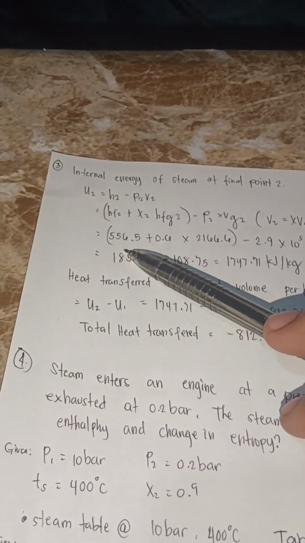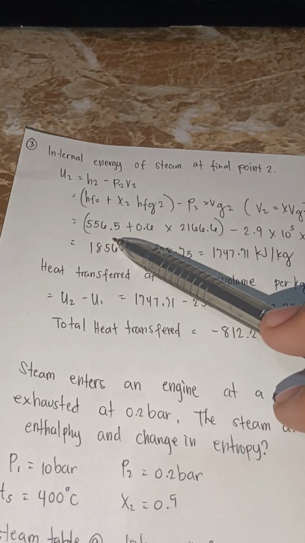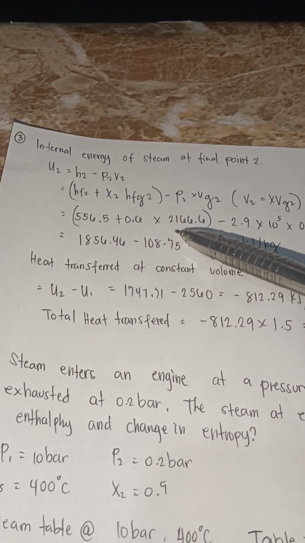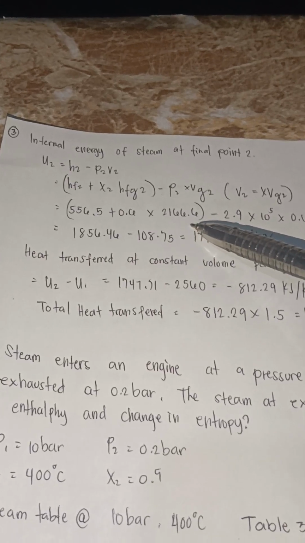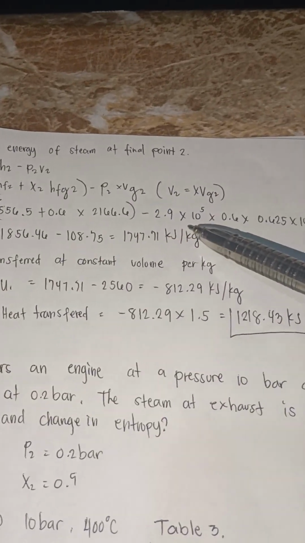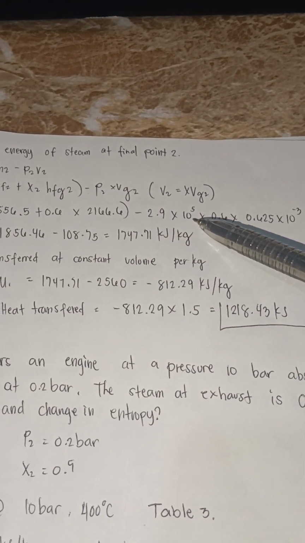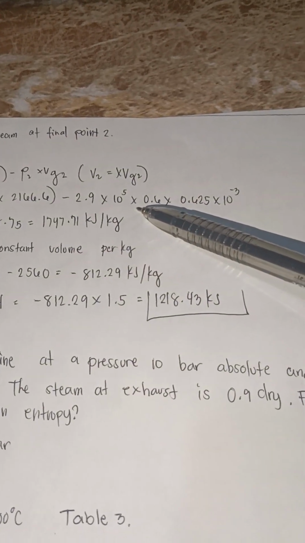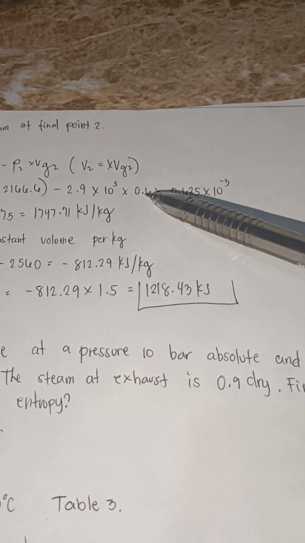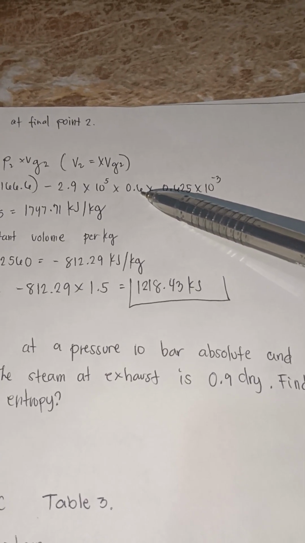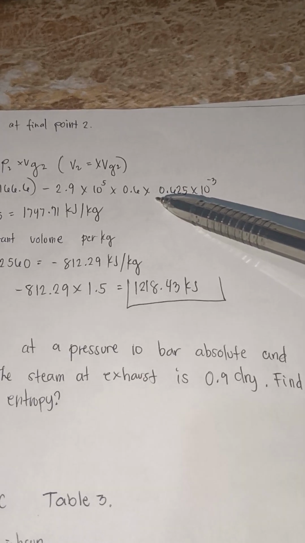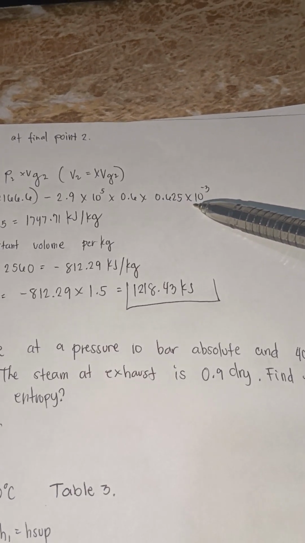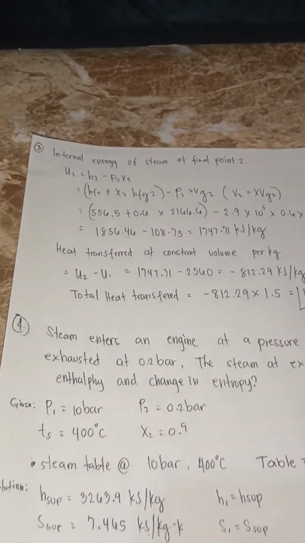So substitute the given values: 556.5 plus 0.6 times 2166.6 minus 2.9 times 10 raised to the power of 5 times 0.6 times 0.625 times 10 raised to the power of negative 3.